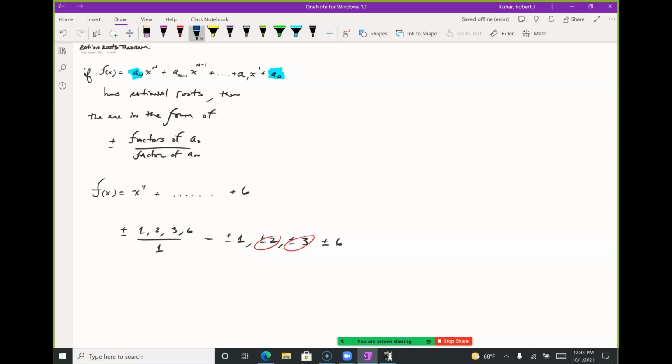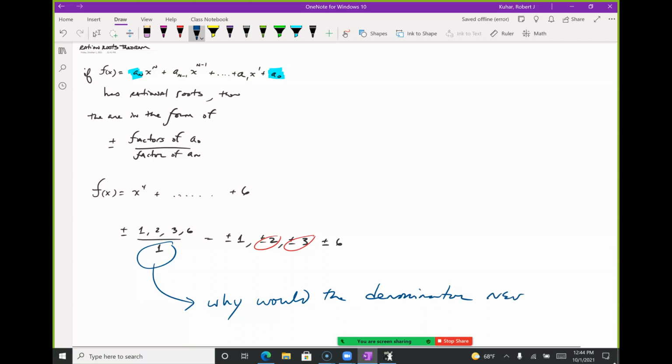How can I think of why the denominator would never be factors of a sub 0?